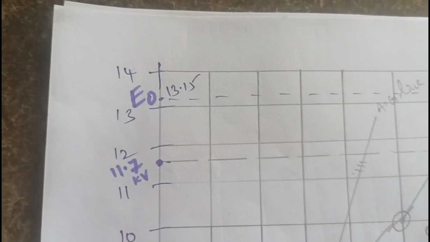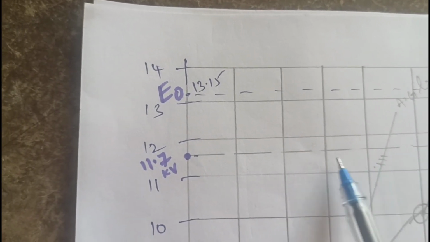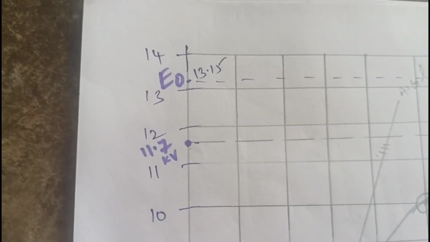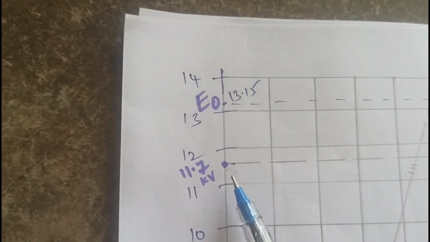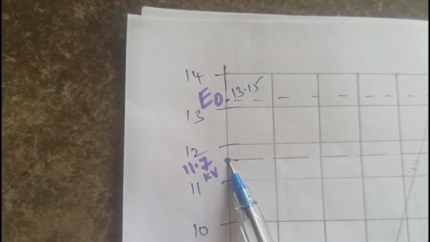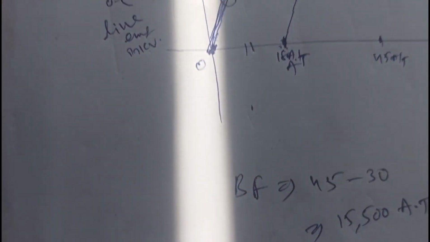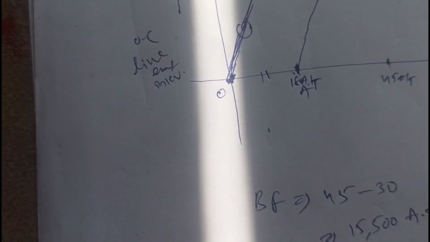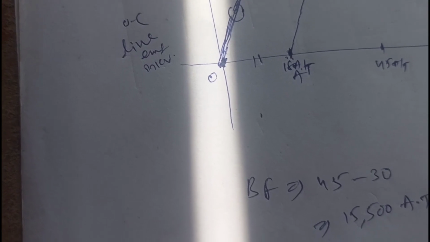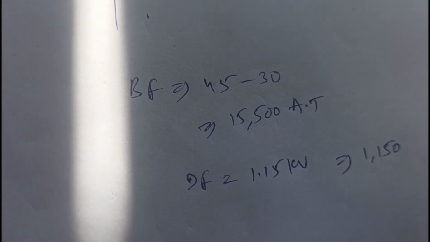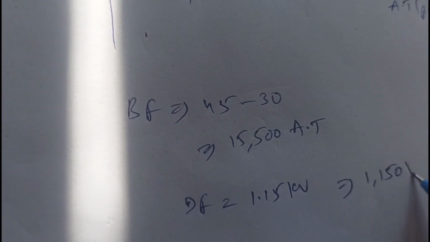Here from D, draw one horizontal line up to the voltage axis, and here also draw one more line at 10 kilovolts. This distance is simply the DF value. The DF value from the graph is 1.15 kilovolts, that is 1150 volts.